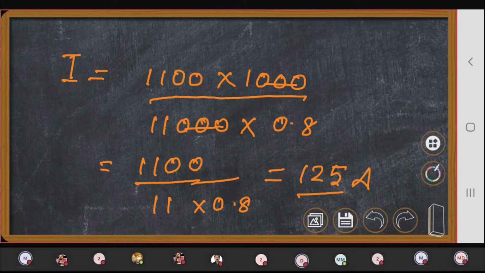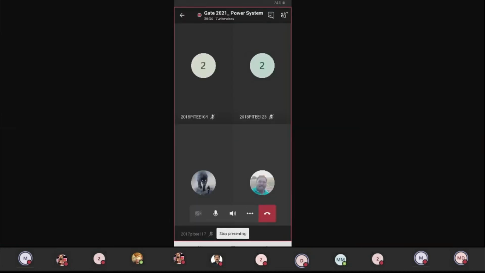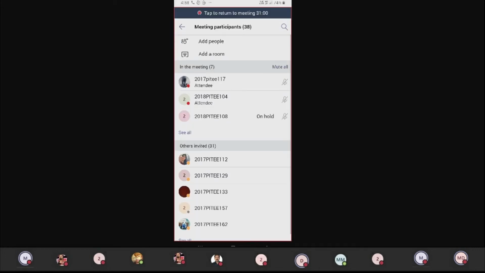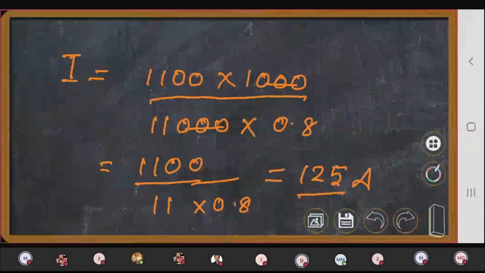So you may get 125 amperes. The current is 125.